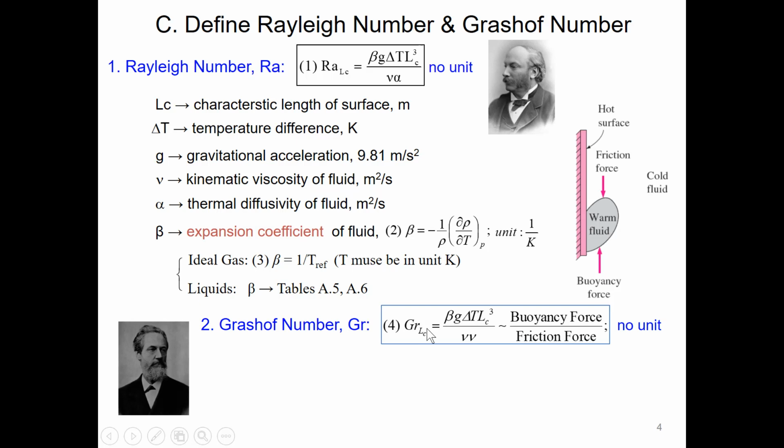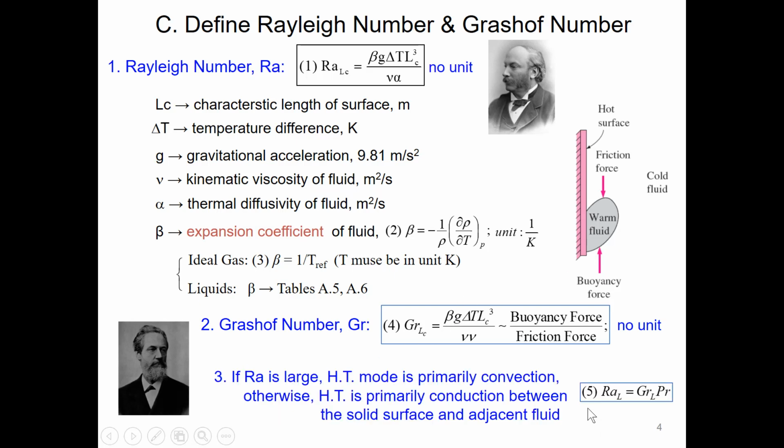The only difference between Rayleigh number and Grashof number is this is alpha, this is nu. Grashof number is a good indicator of which forces will be dominant in a buoyancy-induced flow: buoyancy force or friction force.